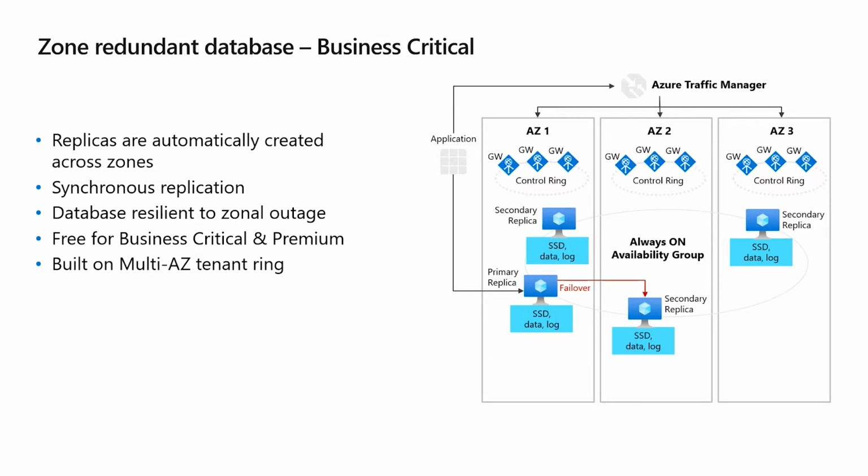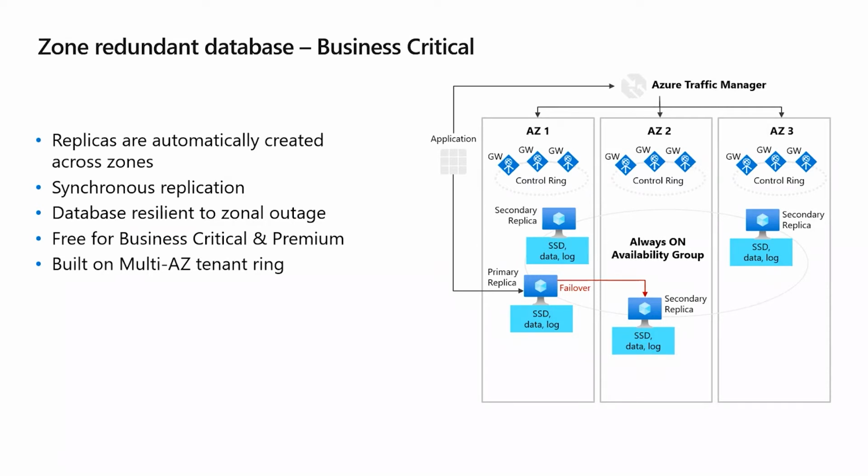So we have zone 1, zone 2, and zone 3 in this case. To understand a zone, basically these zones are in the same region, but they are separated. They are independent in cooling, power, hardware, and even physically independent from each other. It could even be different data centers in the same region. And the reason for this, of course, is to have high availability.